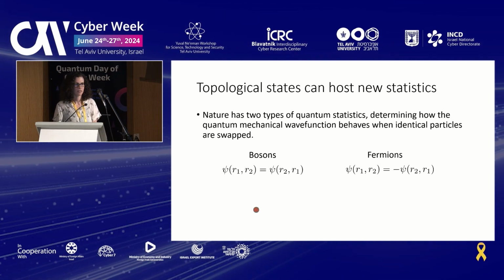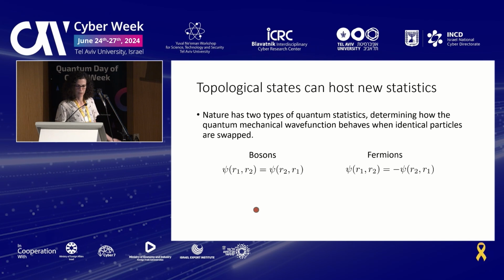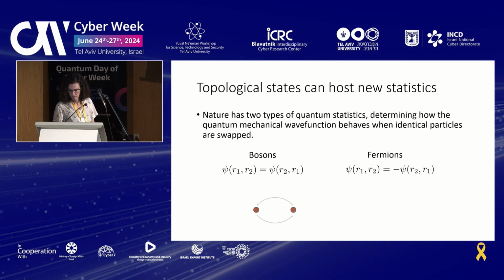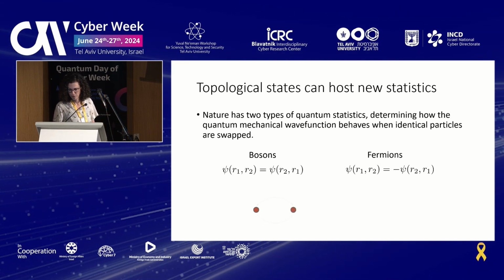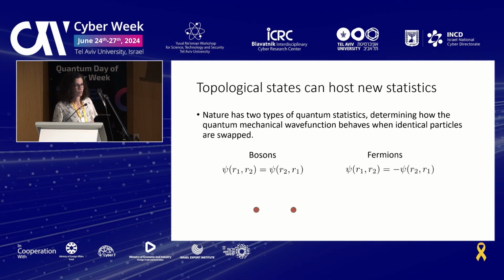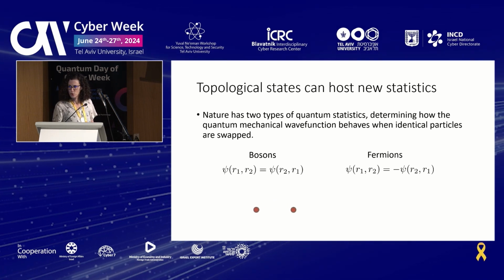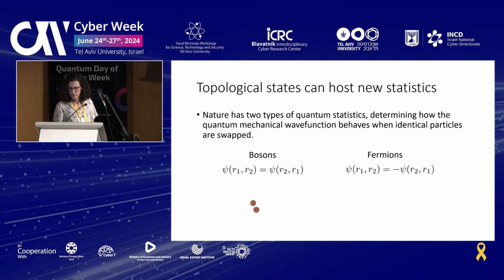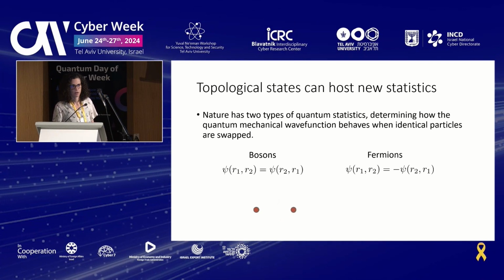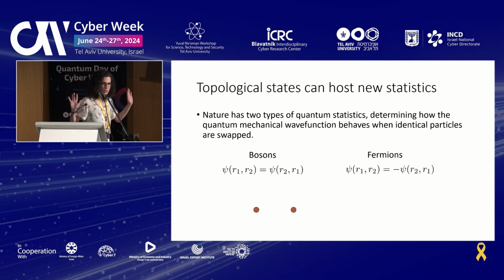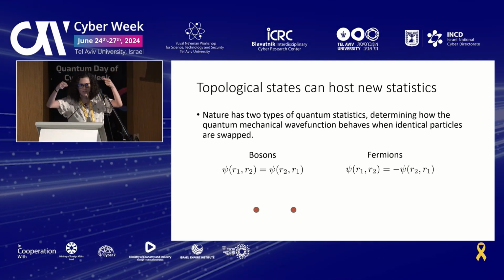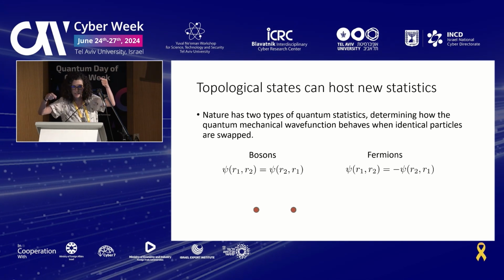So why is it that in 3 dimensions there are only 2 types of statistics? Let's look at the process of swapping 2 particles. This is one swap, and this is another one. In 3 dimensions, 2 swaps, which are basically equivalent to taking one particle around the other, is completely equivalent to doing nothing. Why? Because if you have 2 objects that are point-like in 3 dimensions, there's no such thing as one going around the other.